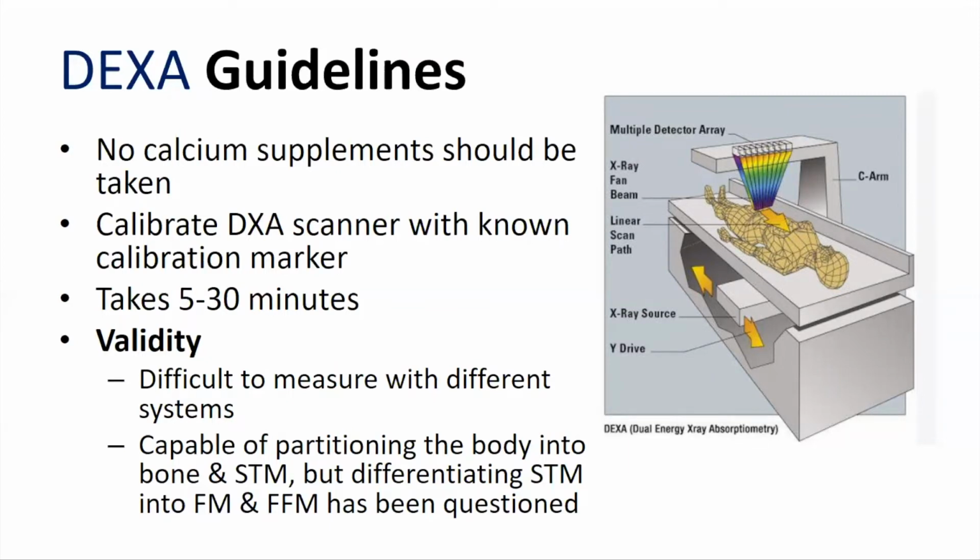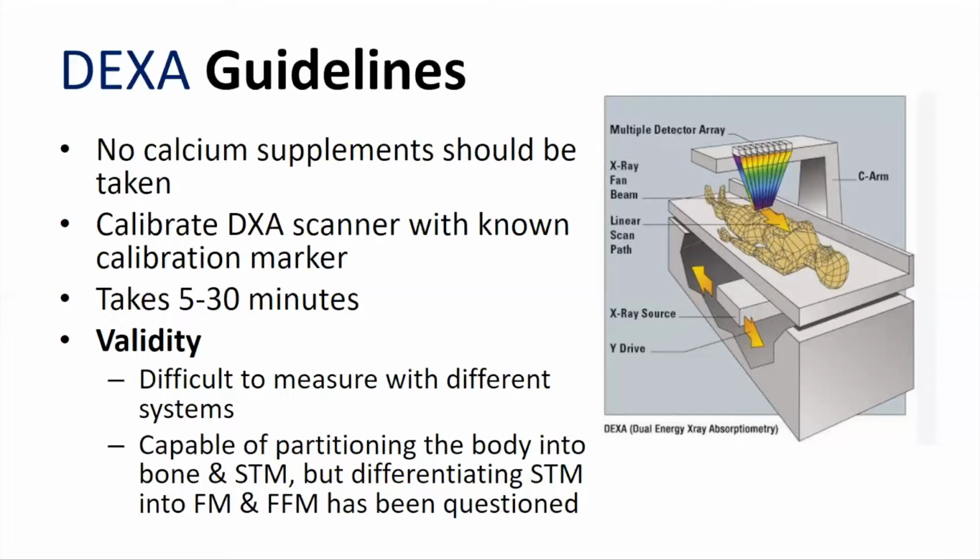amounts of absorptiometry. So what you're going to see in this DEXA section is that there's an X-ray source, and the X-ray source sends out an X-ray through the body, and then the body would absorb some of the X-ray, and whatever is not absorbed would be detected by a detector array.